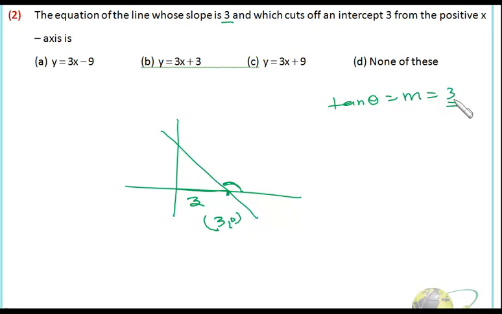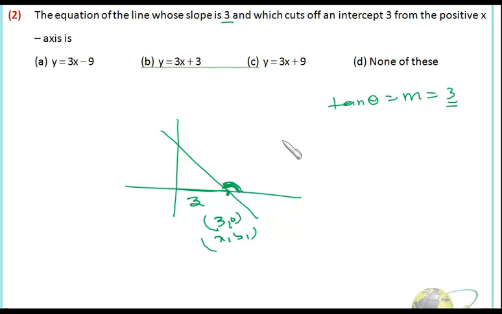Now we know one point through which the line is passing, that is (3, 0), and the slope is 3. So we can directly use the one point form, right? This is x1, y1, and this is m. Be very clear, the slope is given to you as 3, because we take it from the positive direction of the x-axis.